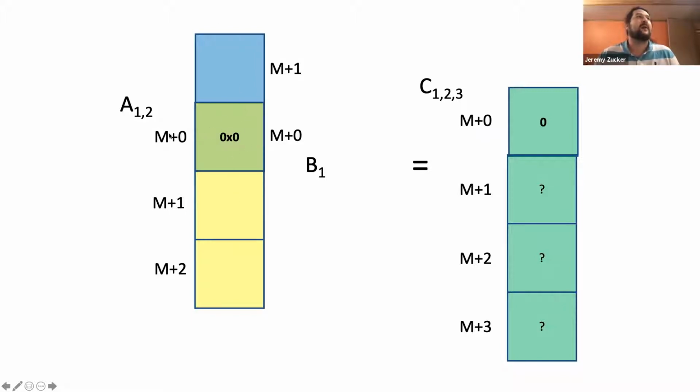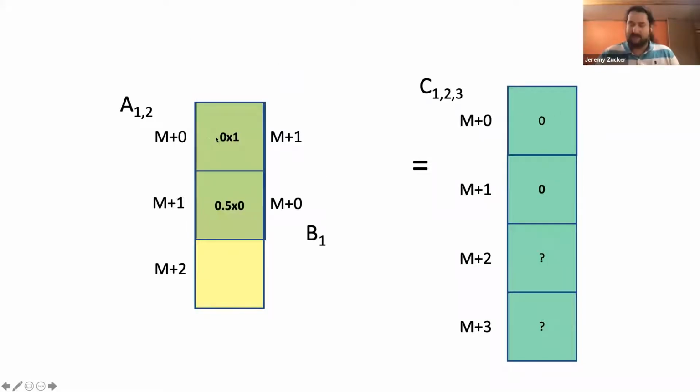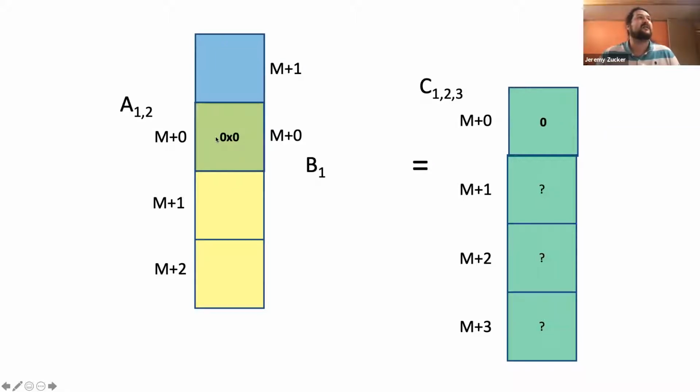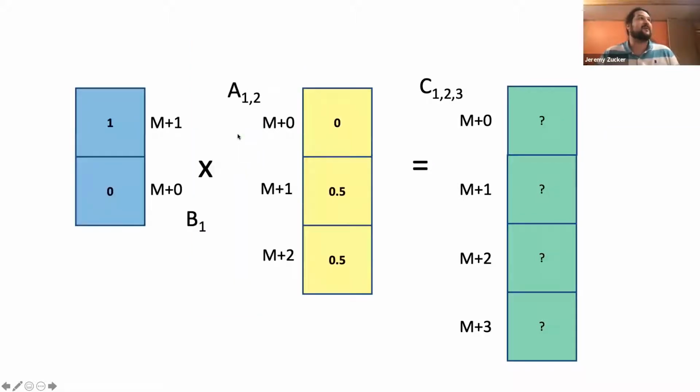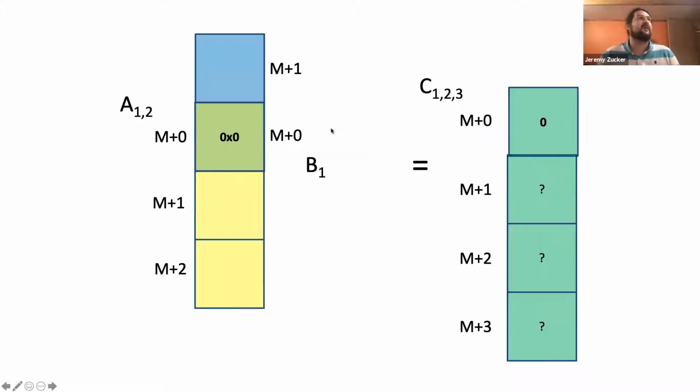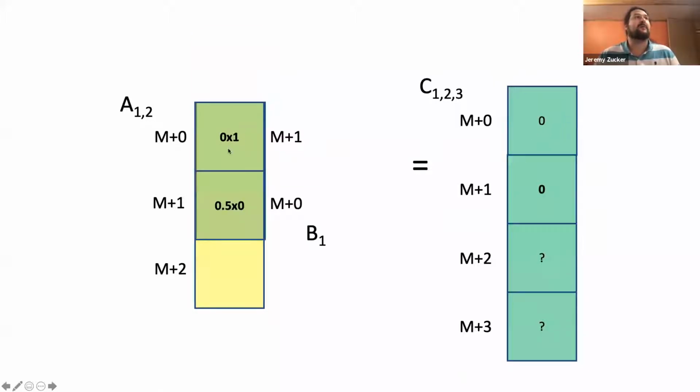When it's M0 and M0, you take the product of the 2 slots that were there, so 0 times 0, and then you put the answer in the M+0 slot of C1, 2, 3. You slide it down one more, and now we multiply 0 times 1 and 0.5 times 0, and we take the sum of those and put that in slot M+1.